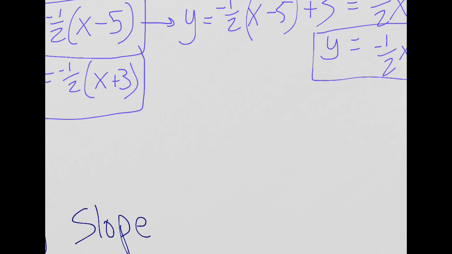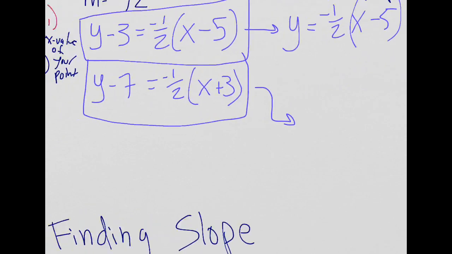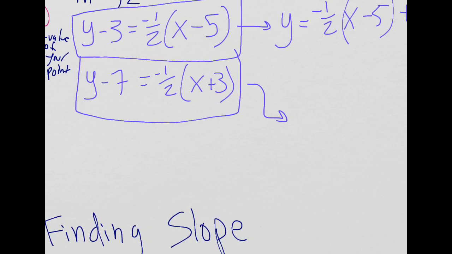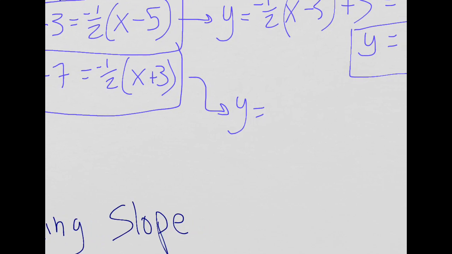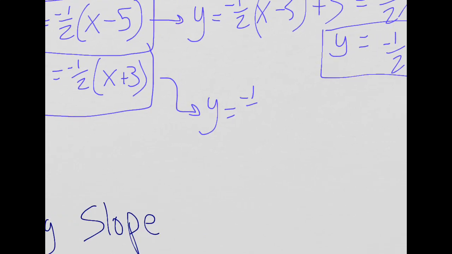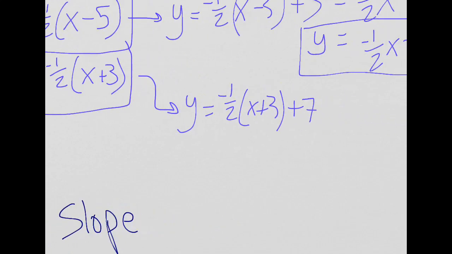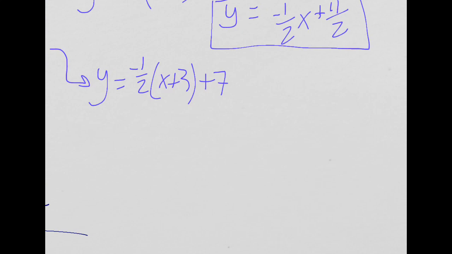And let's show you get the same exact thing here, starting with this other equation. So I'm going to do the same thing. I'm going to move the 7 over this time. So y equals negative 1/2 times x plus 3, plus 7, because I moved that 7 over by adding 7 to both sides. So I'm going to do like I did before, and I am going to distribute in and then simplify. So I get my negative 1/2 x again, and then I get minus 3/2 plus 7.